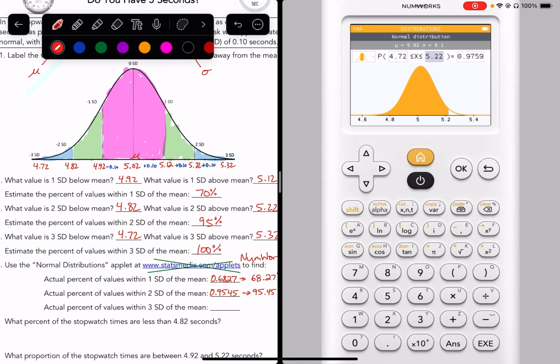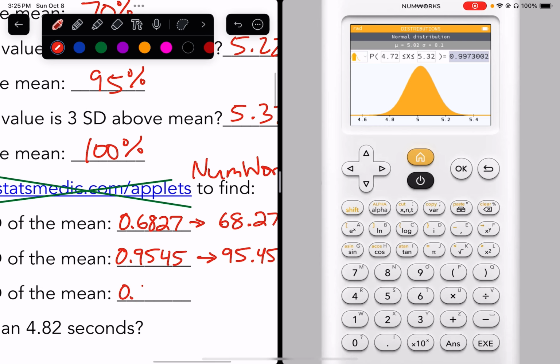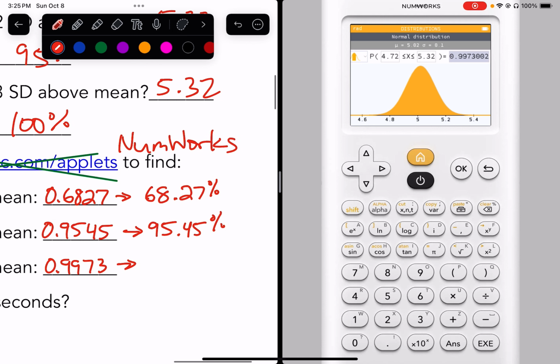So 4.72 all the way to 5.32. Trying to hit execute, gives me 0.9973, which translates to 99.73%.